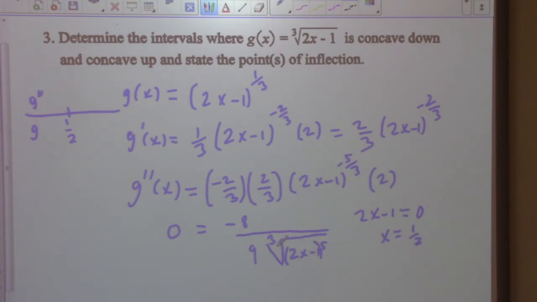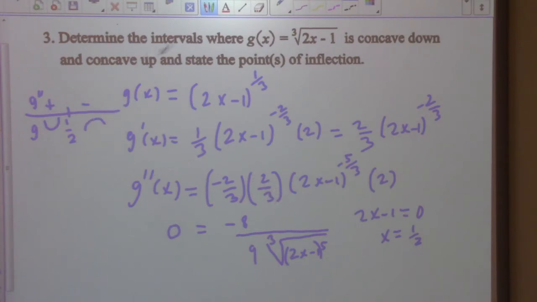If we have a smaller number than 1/2, say 0, then we would have a negative divided by negative, so positive. And bigger than 1/2, we would have negative divided by positive, so negative.